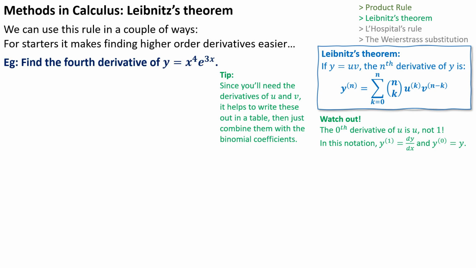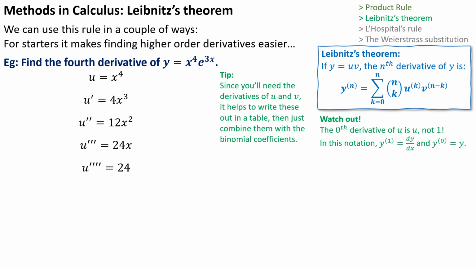If I want the fourth derivative of x^4 e^(3x), that was the expression we were working with earlier, it'd be a bit of a pain to have to go through all 4 steps. But what we can do is start listing the derivatives of each of these two functions. So for u, we have x^4, and then the first derivative, second derivative, third derivative, and fourth derivative.